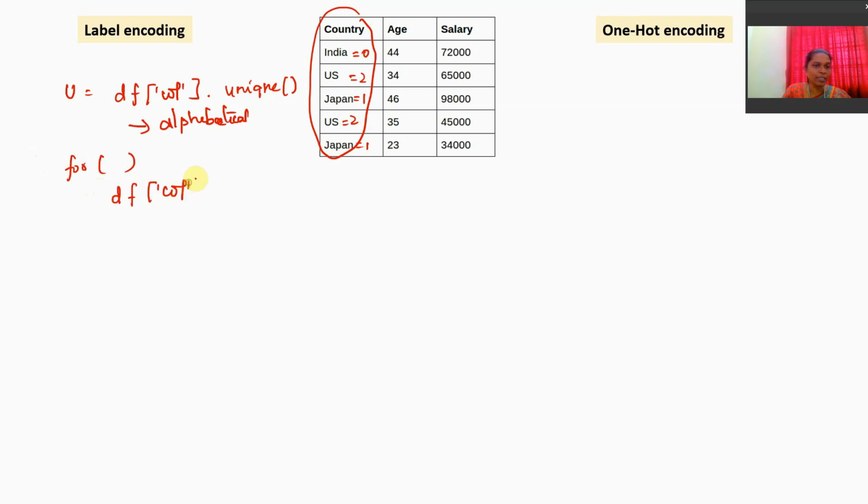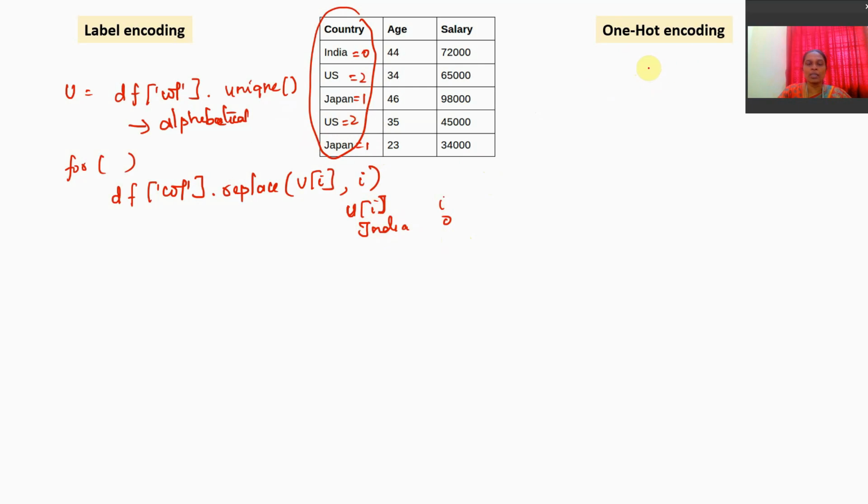So df of the corresponding column, with replace: wherever I get u of i, initially India, it should be replaced with i. Here u of i means India, and this i is the index value. Like that, the next unique value Japan will be replaced with 1. You need to repeat it so that all values get replaced.